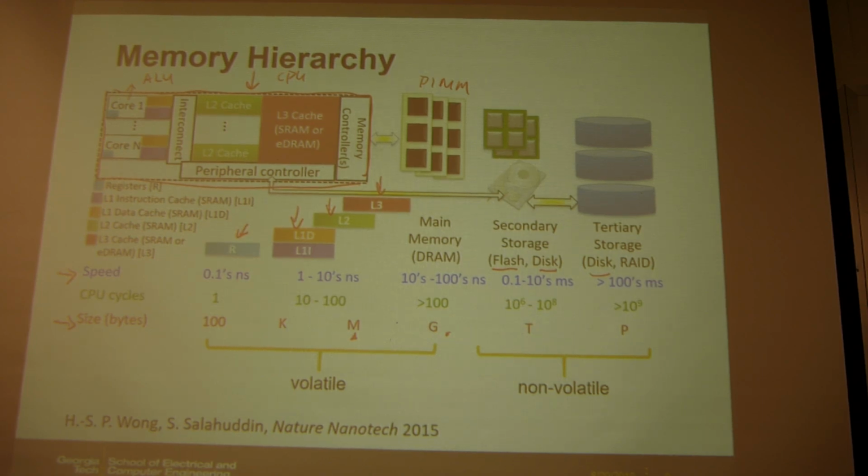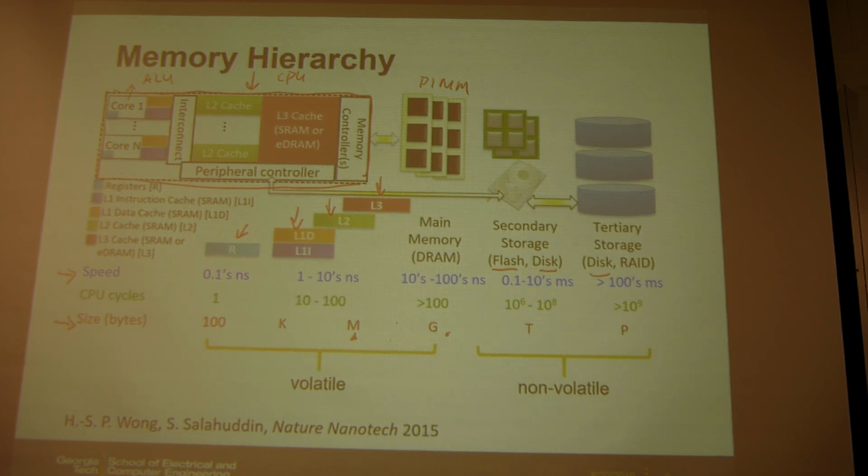We are not going to discuss the hard drive in this course because that is not really semiconductor. This is more like the magnetics and the mechanical readout mechanisms. But hard disk is good for very large capacity storage.